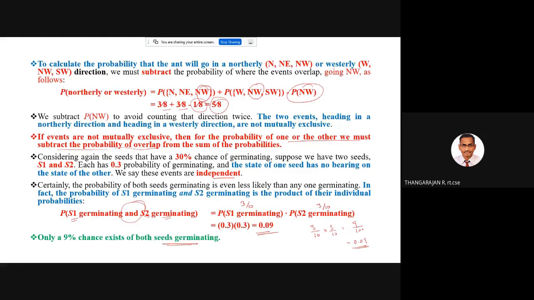The chance is drastically reduced. So this is what is called dependent and independent events. When events are independent, you can just multiply their individual probabilities.